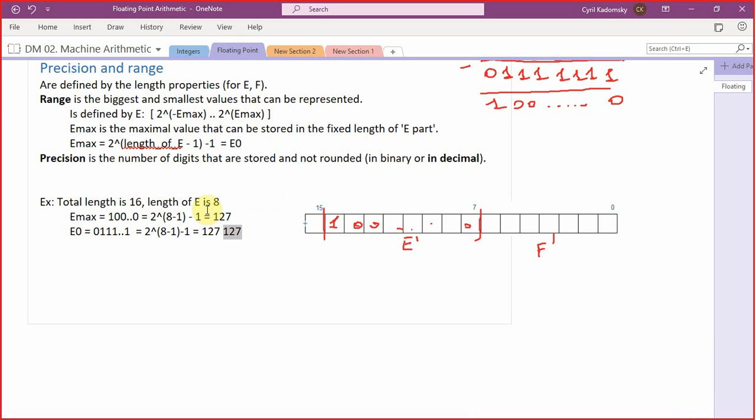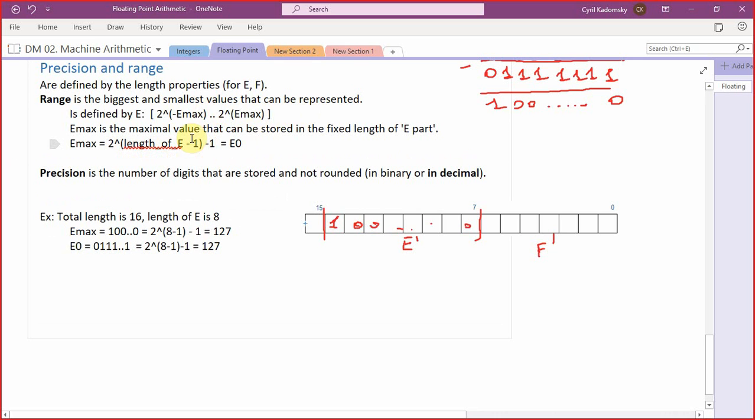Okay, and here we mark that the exponent equal to all ones, as well as the exponent equal to all zeros, are reserved and cannot be used for usual numbers.